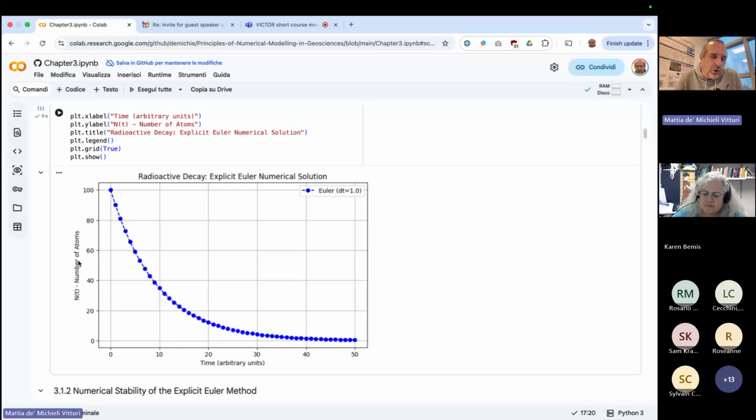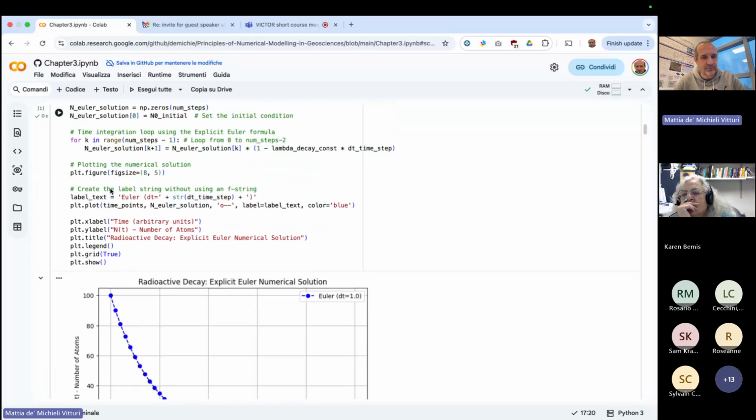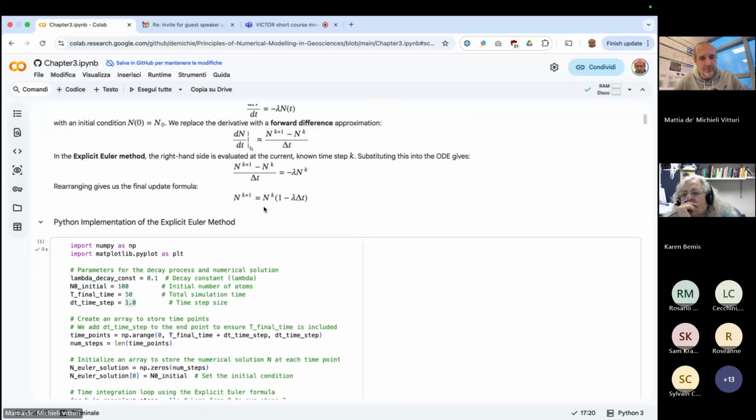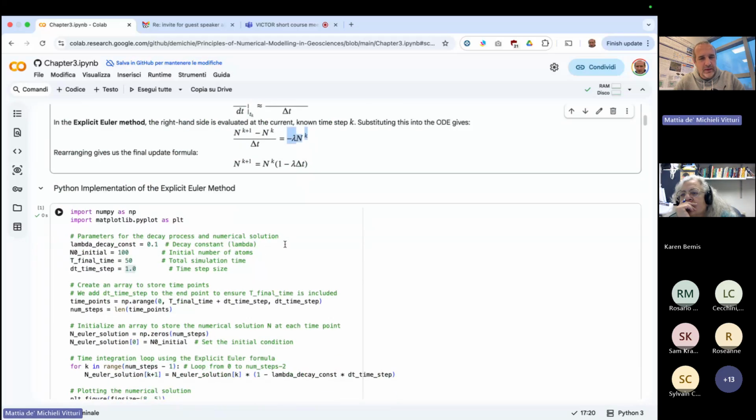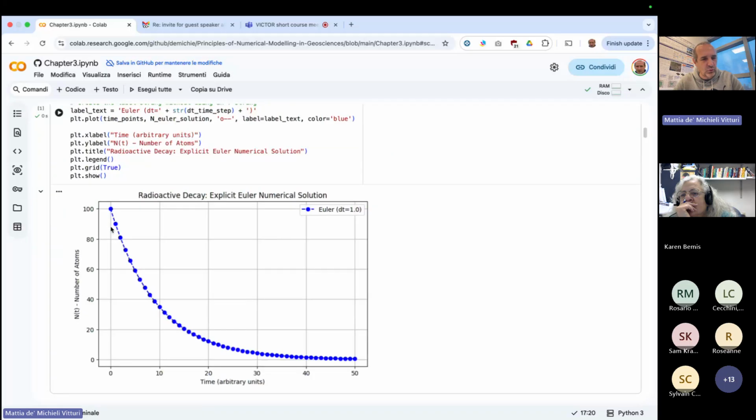So there could be some problem, and we can already see what could be the problem by looking also at the good solution, because we have computed a rate of change from the initial value. And this rate of change is what gives the slope of this first part.